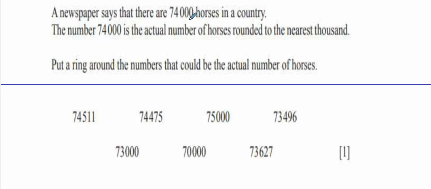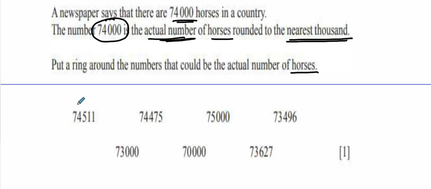This number, 74,000, is the actual number of horses rounded to the nearest thousand. Now put a ring around the numbers that could be the actual number of horses.